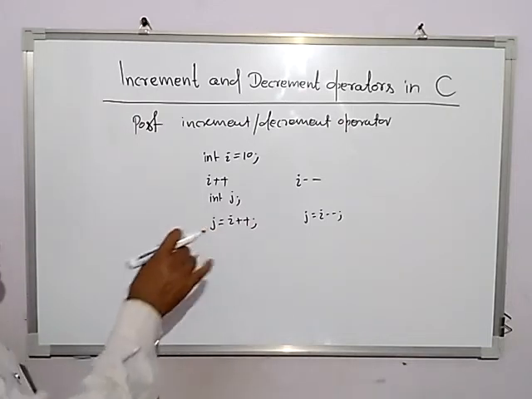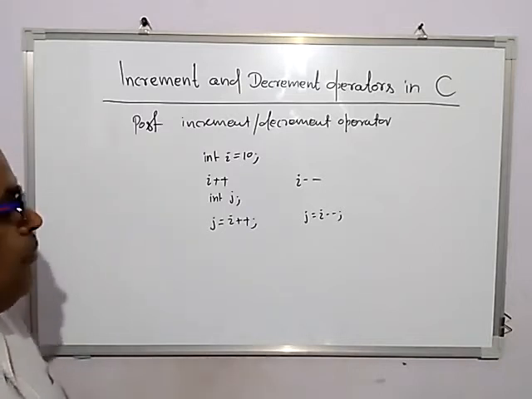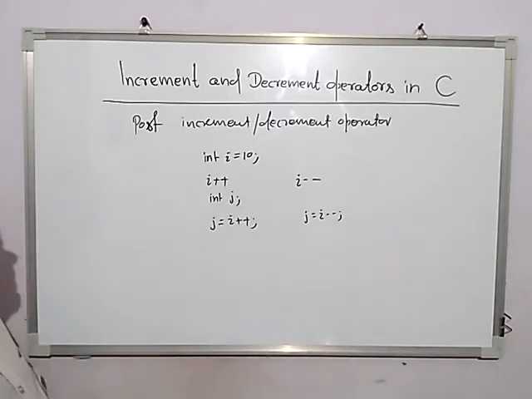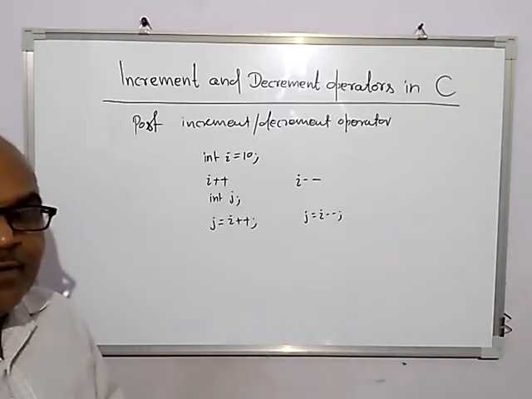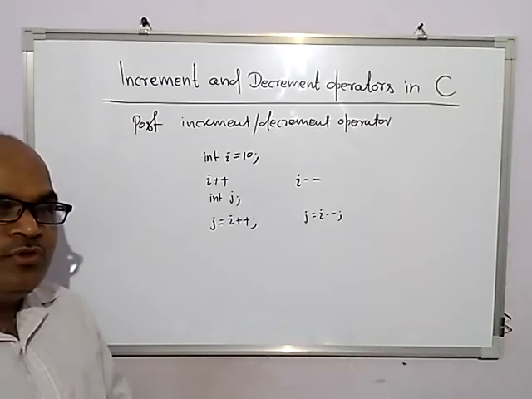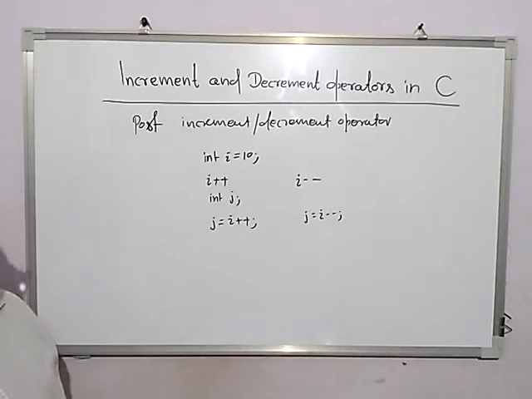In this case, first the value of the variable is used, then the value of the variable is incremented or decremented by 1. In pre-increment or decrement, first the value of the variable is incremented or decremented by 1, then the value is used. But in this case, first the value is used, then the value of the variable is incremented or decremented by 1.